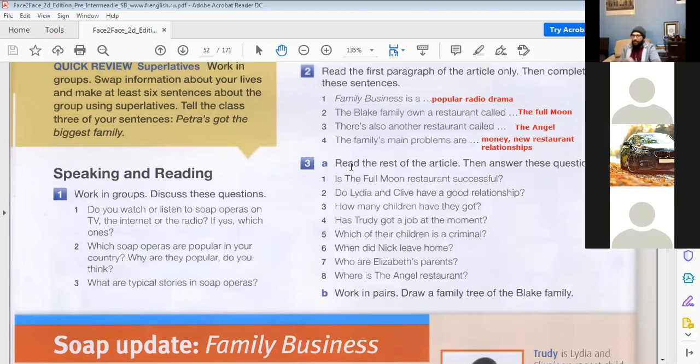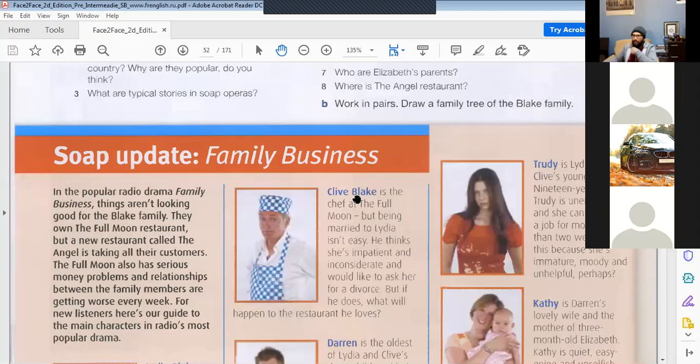We have a clue what the main problems are. Now, I want you to read the rest of the articles. So I'm going to let you read a little bit about the characters and try to know more about them.